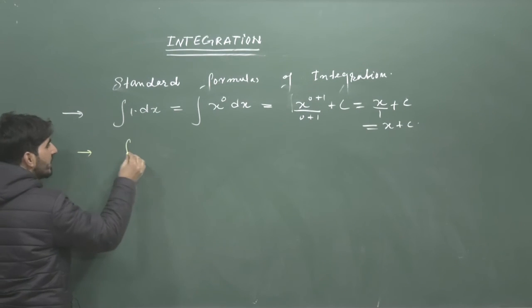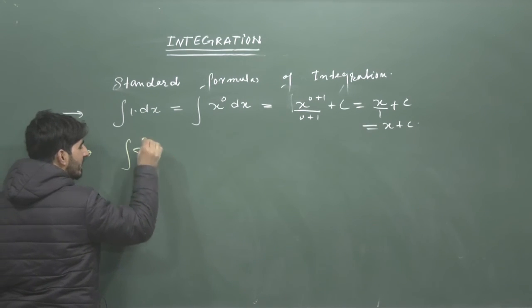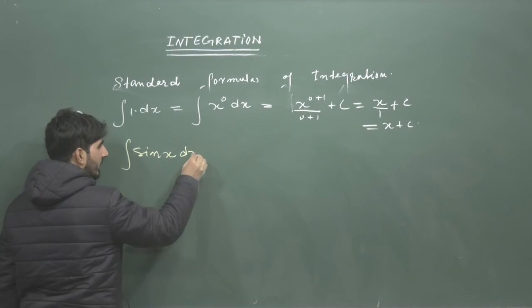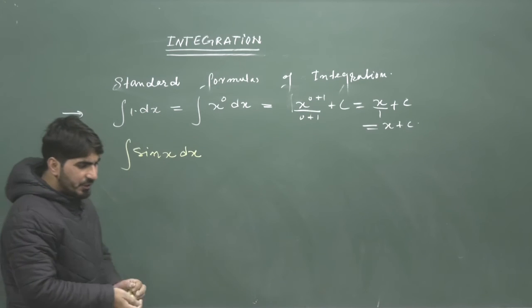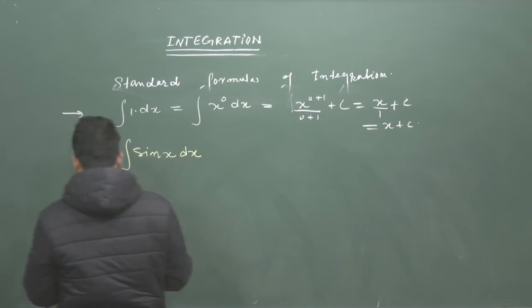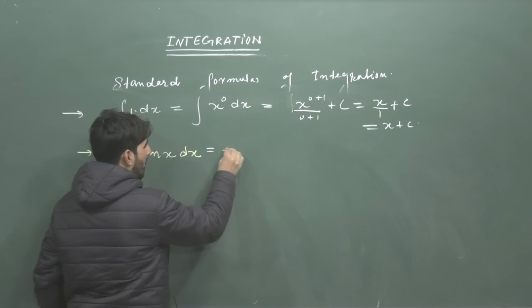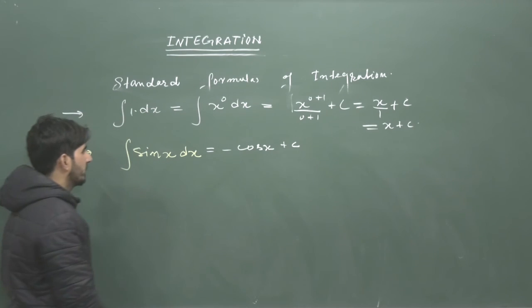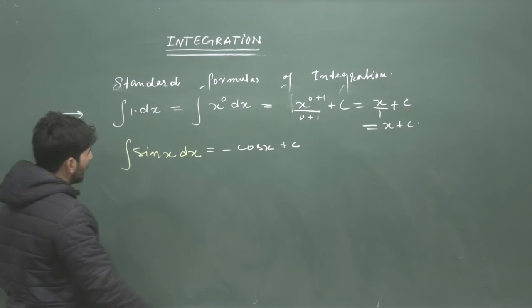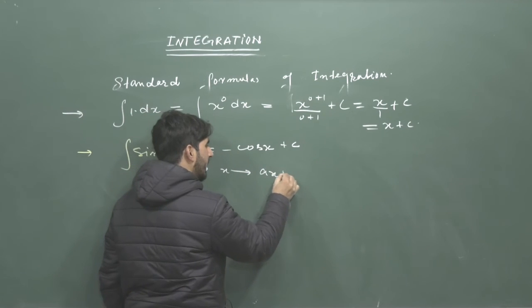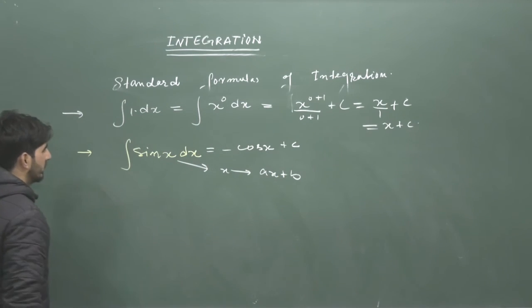What is integration of sin x? You know that this is minus cos x plus c. So if we replace this x by ax plus b, what will happen?